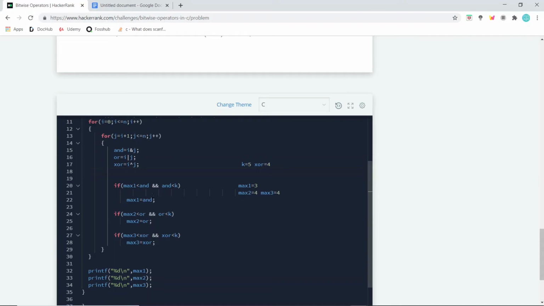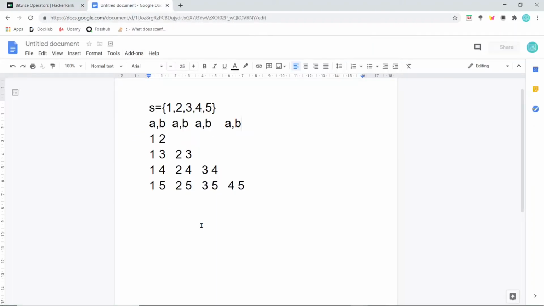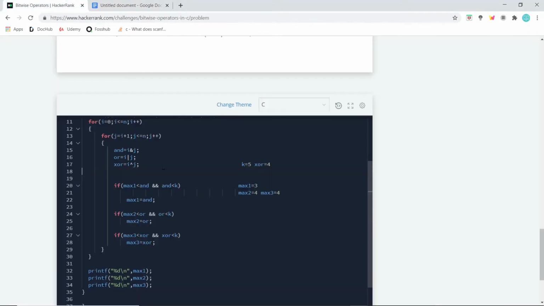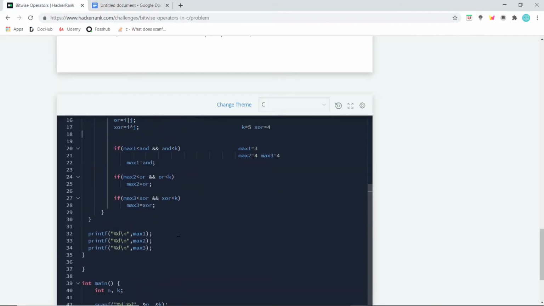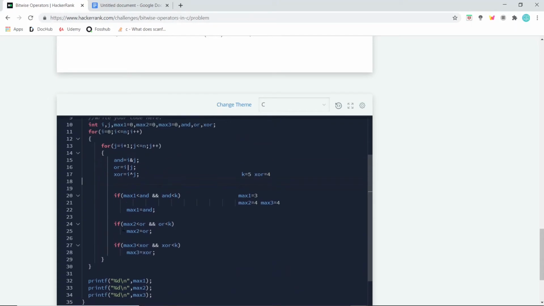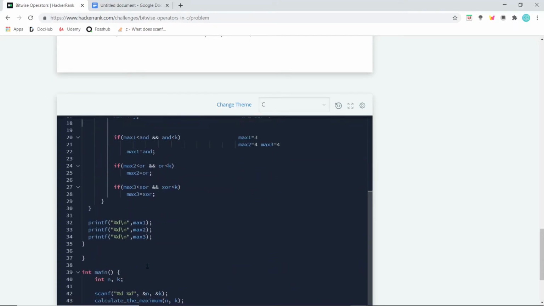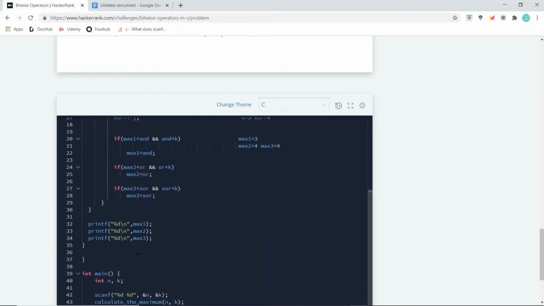Remember, these loops will evaluate 10 operations, right? These 10 possible operations, these loops will execute. And when we have the values of max 1, max 2 and max 3, we print them in separate lines. So first we have the printf statement for max 1, then max 2 and then max 3.